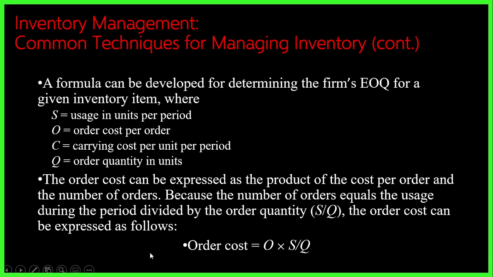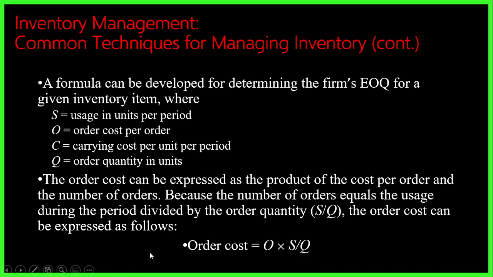The order cost can be expressed as the product of the cost per order and the number of orders, because the number of orders equals the usage during the period divided by the order quantity. Okay, so usage, or also known as your demand. The order cost can be expressed as follows: O for the cost per order, and then S/Q, that's the usage divided by the quantity for each order.